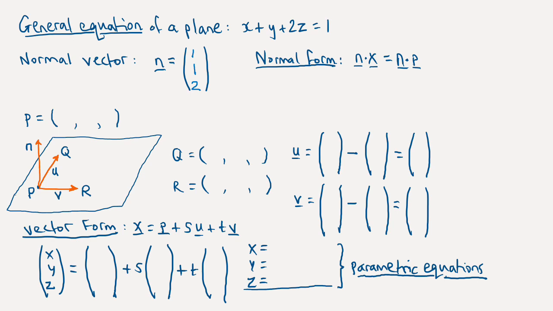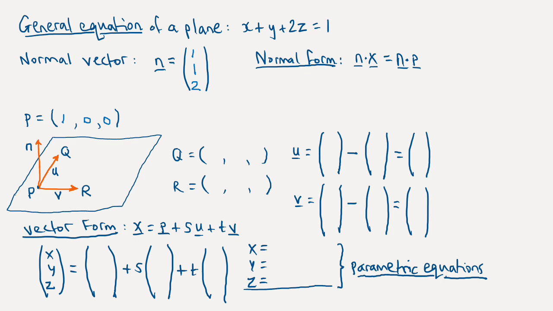And then for the normal form, it's similar to a line in R2. We have n dot product x equals n dot product p. So we need a point P on the plane. In this case, we've got a fairly simple equation here. If I just set x equal to 1 and y equal to 0 and z equal to 0, we would be on the plane.